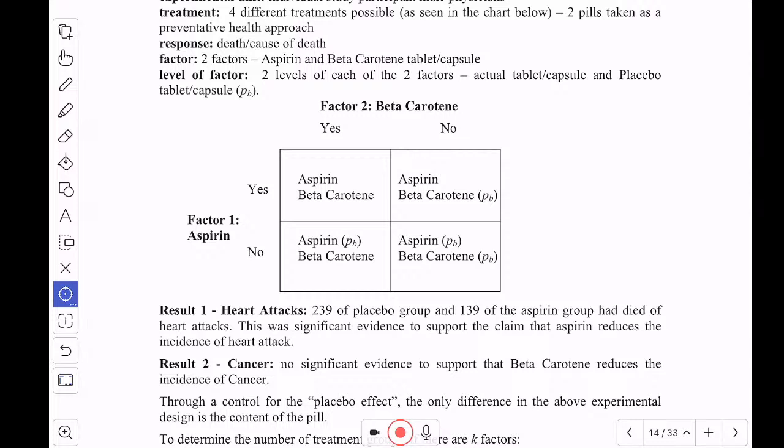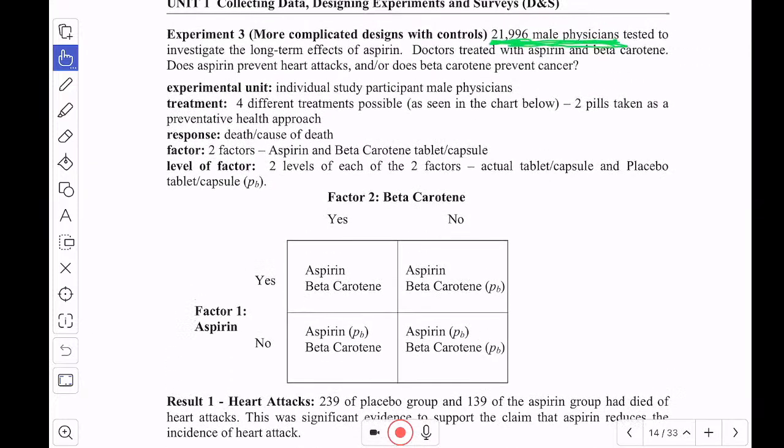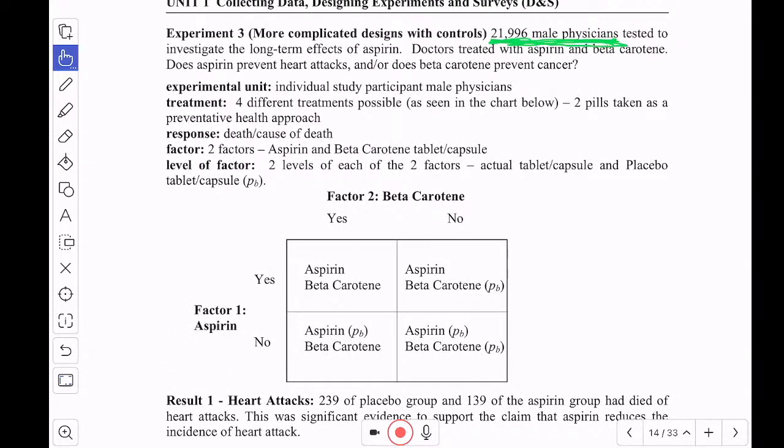So how is this done? This is done by first recruiting participants, then labeling all of them. We're going to go through every step, and then assigning them to the treatment groups. There are actually 4 treatment groups here. But first, I want to ask you, why were male physicians used for this study?